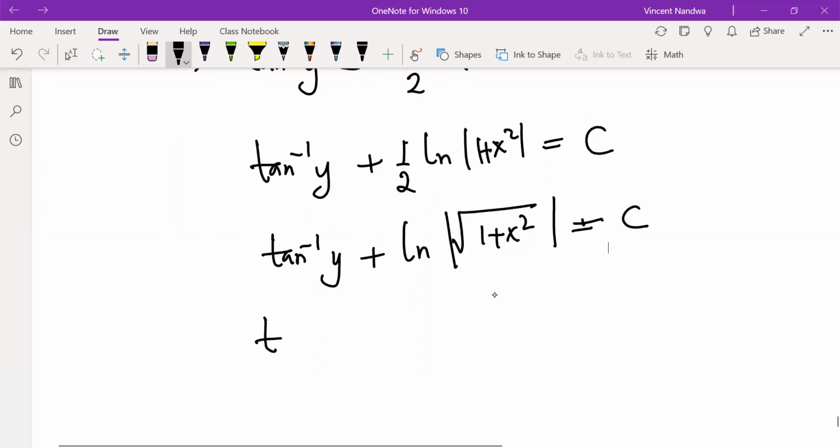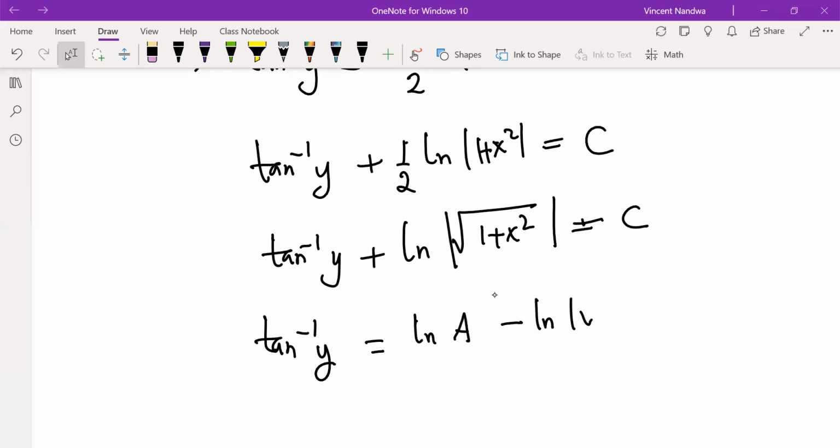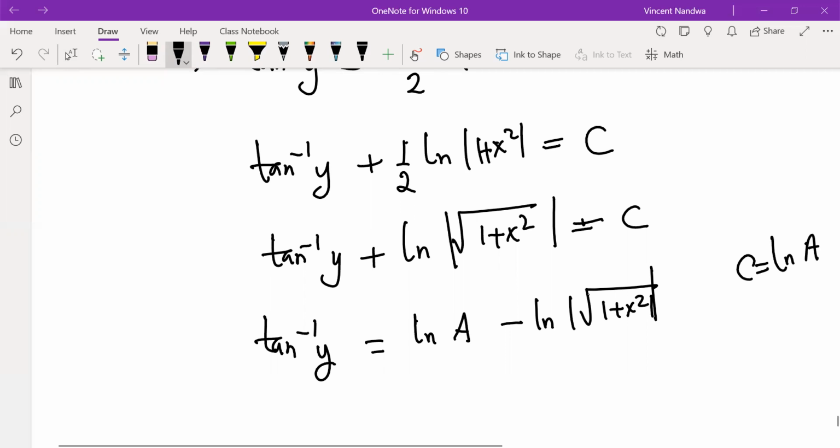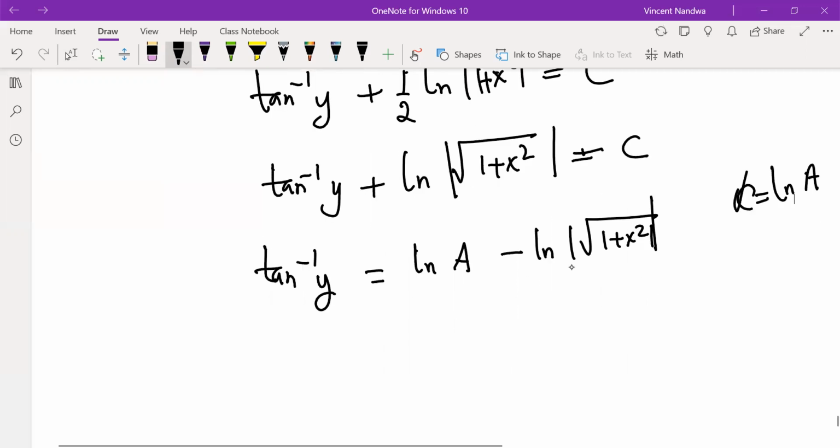Or you can say tan inverse of y equals, so this c can be written as ln of, say, a constant a, minus ln of square root of (1 plus x squared). So I've simply taken this term to the right-hand side and let c be written as ln of a.